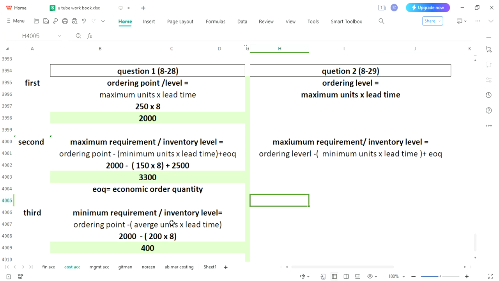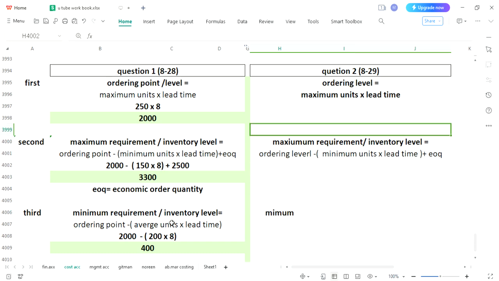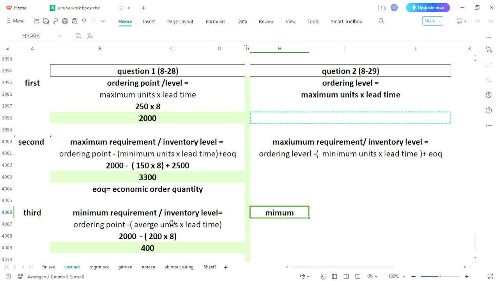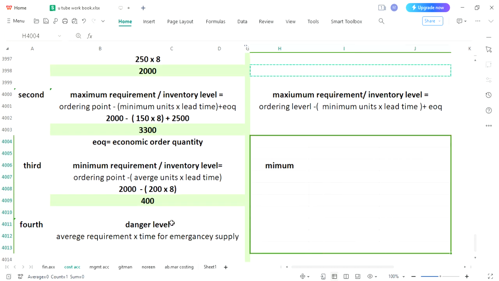And then we have our third part, and in the third part the formula which would be used would be minimum, and we don't have the line. Let's make arrangements for the line as well. From here to the last level we do need lines.